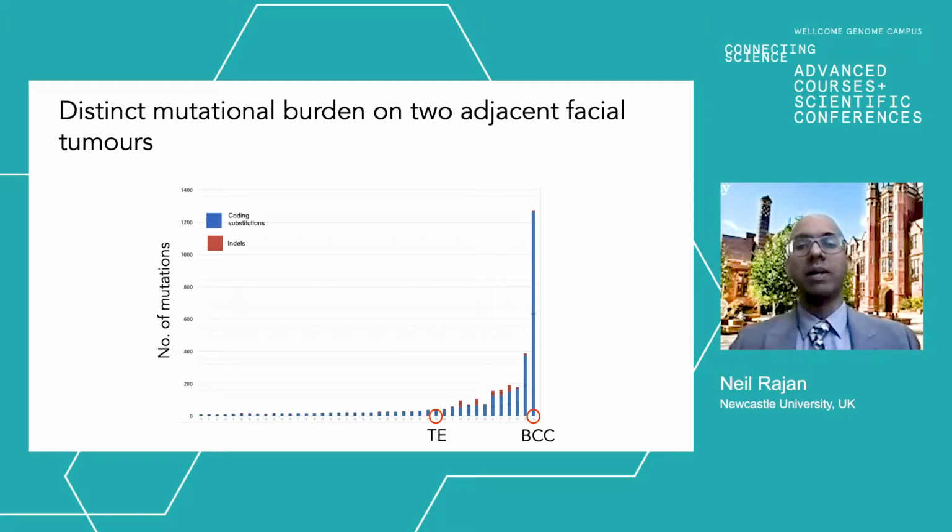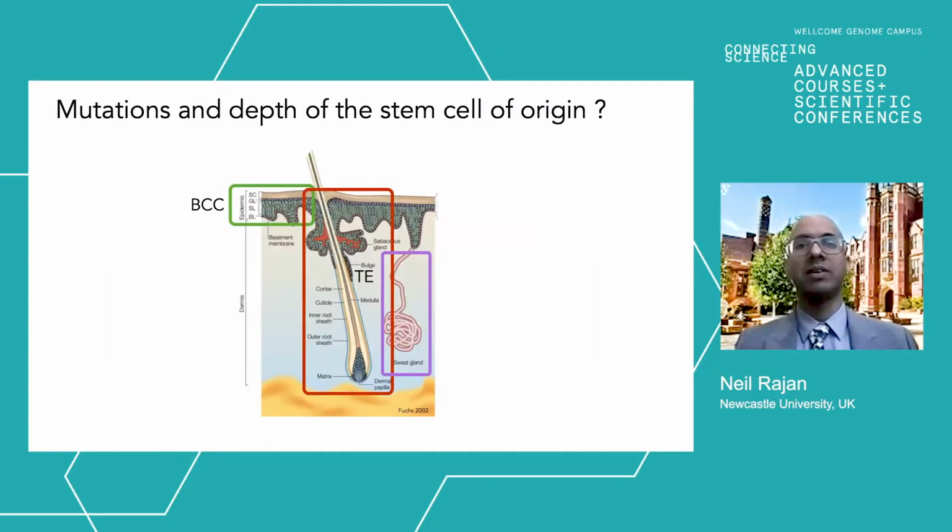Now, one of our patients had two tumors which were next to each other and presented at the same time, and one of them was a trichoepithelioma with very few mutations per megabase, and the other was a BCC, which had the highest number of mutations in our series. And this made us think about whether these tumors might be arising from different stem cell compartments in the skin.